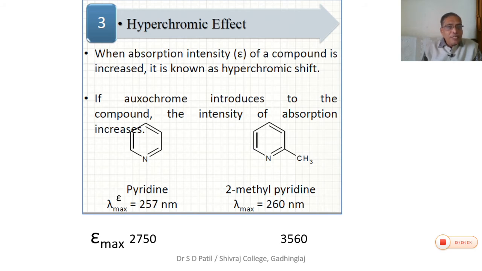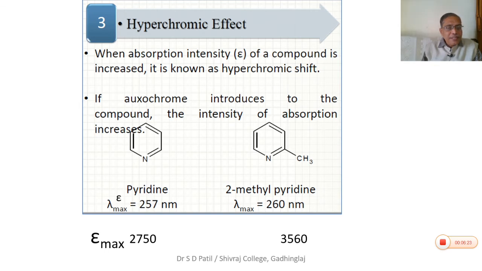When the absorption intensity epsilon of a compound is increased, it is known as hyperchromic. Hyper means higher side, chromic means intensity, relative intensity. If an auxochrome is introduced to the group, then the intensity of absorption increases.